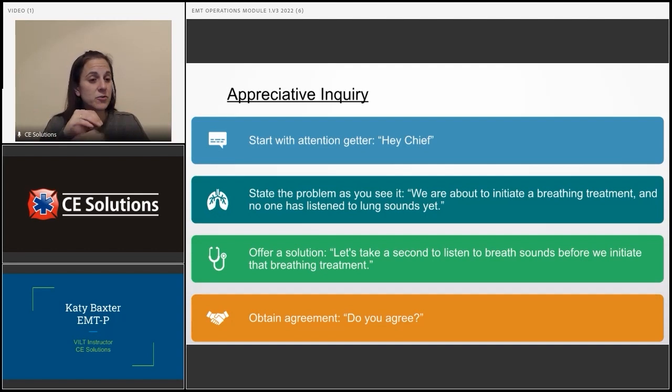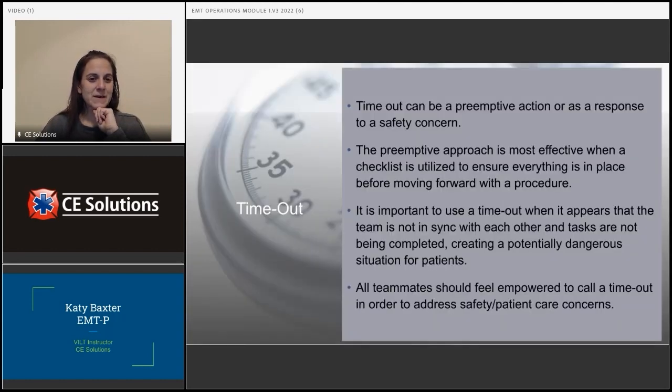Or if there's some other critical maneuver that needs to be done, that will also give somebody the ability to call, hey, no, I see this, or let's fix this really quick. The lead fell off. The SpO2 sensor came off. Something, their foot's dangling off the stretcher. That will lead me into timeouts.